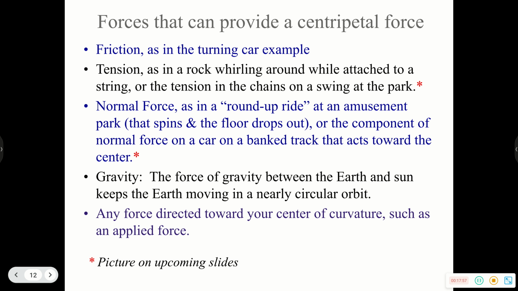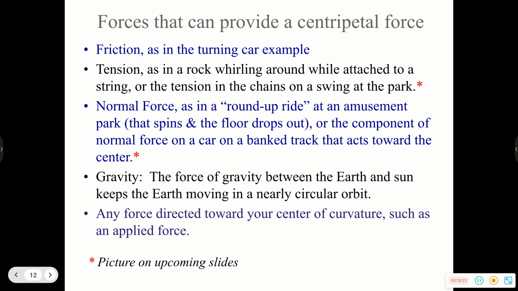Normal force, like in the gravitron we've talked about a little bit at an amusement park. You're up against the wall, it spins, you go up and down, and then the floor drops out. Why don't you drop out? Well, that's because of the component of normal force, like on a car on a banked track, that acts towards the center. Everything's acting towards the center. So normal force, friction, tension, gravity. Why gravity?